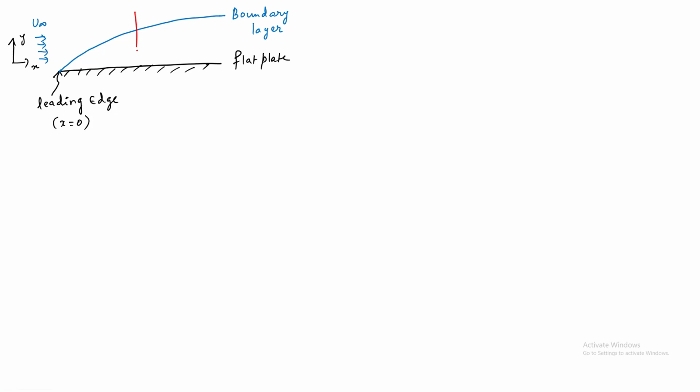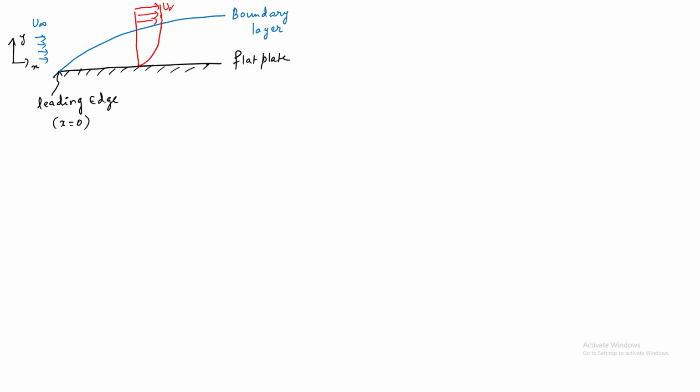The velocity at the flat plate would be 0, and it will start increasing and become constant at the edge of the boundary layer.